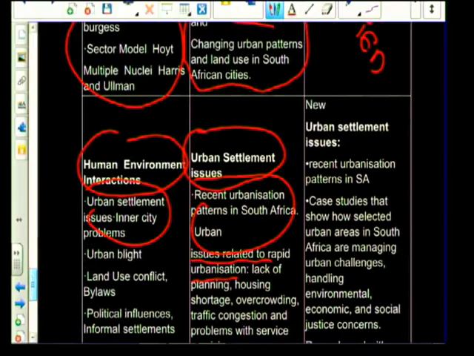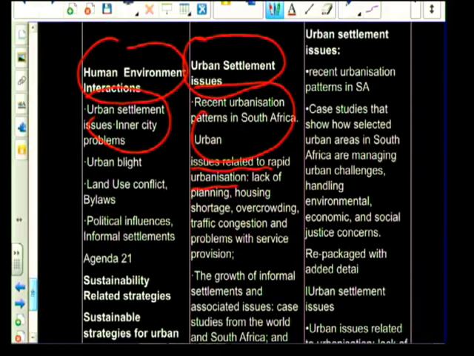Here it just states problems and gives you a few things like urban blight, etc. Here it gives you more specific ones: housing shortage, overcrowding, traffic congestion, problems with service provision. All those things come in more clearly here. It states the factors that you must look at, but all is found in the old curriculum also. Using past papers on that will assist you.